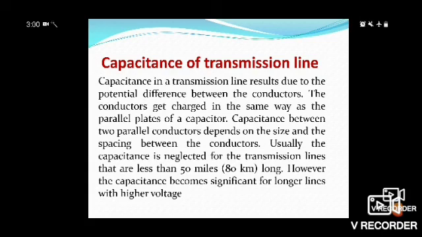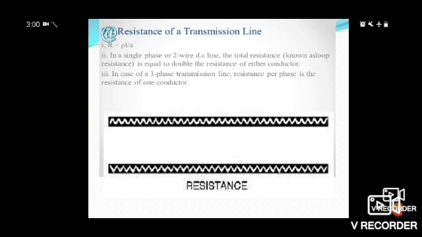Usually the capacitance is neglected for transmission lines that are less than 50 miles, that is 80 kilometers long. It is important because capacitance becomes significant for longer lines with higher voltages.